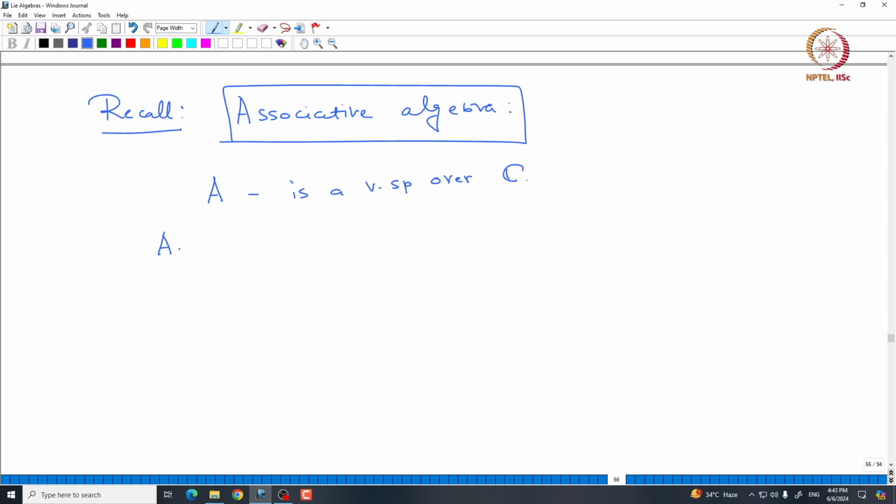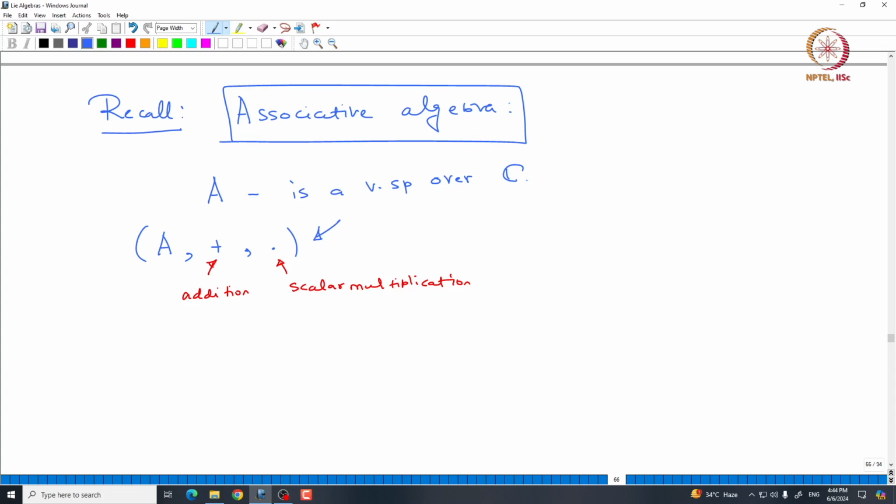That means it has the vector space structure given by addition plus and scalar multiplication dot. This is the addition that is there in the vector space, and this is the scalar multiplication. So, this is the vector space structure.